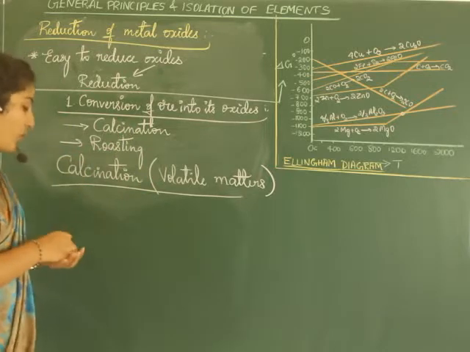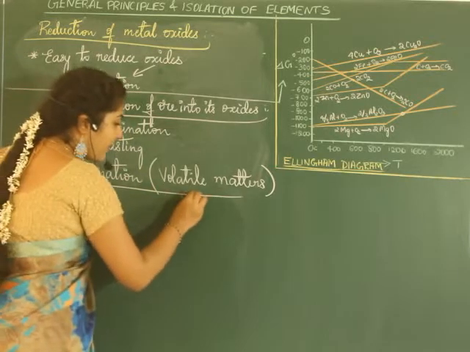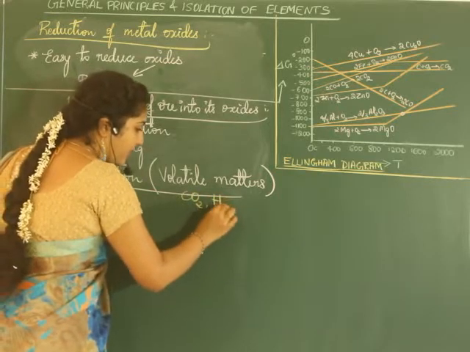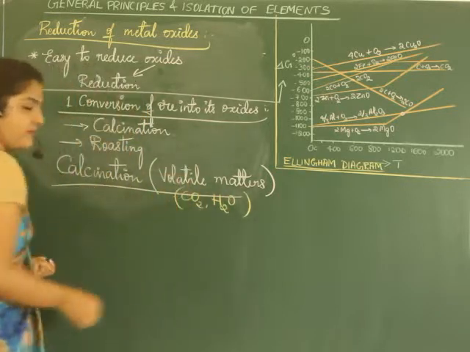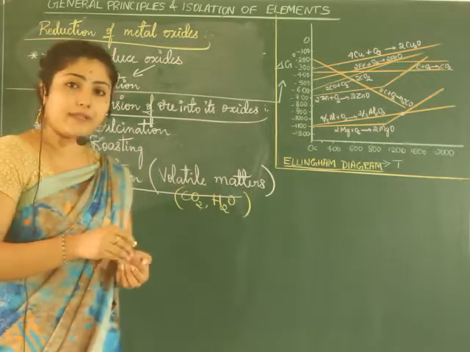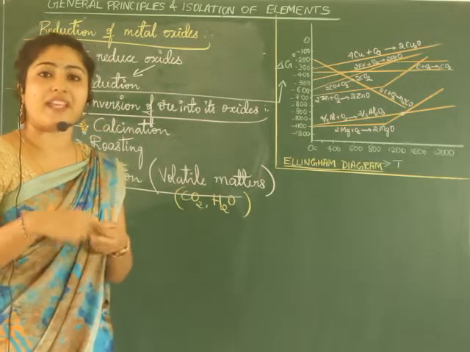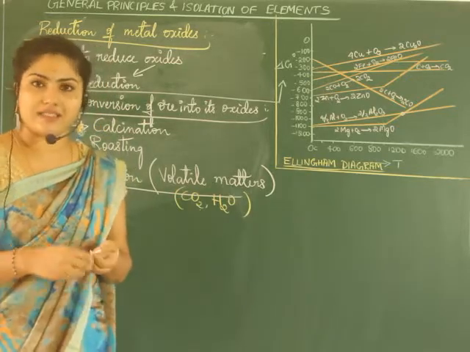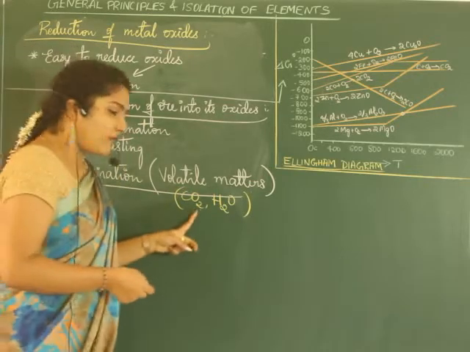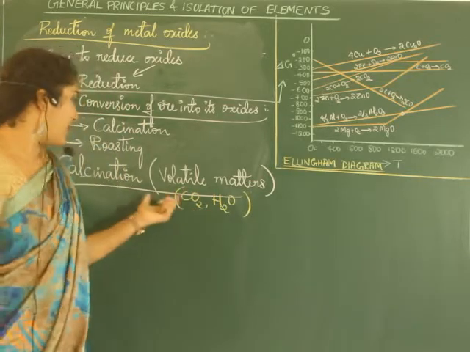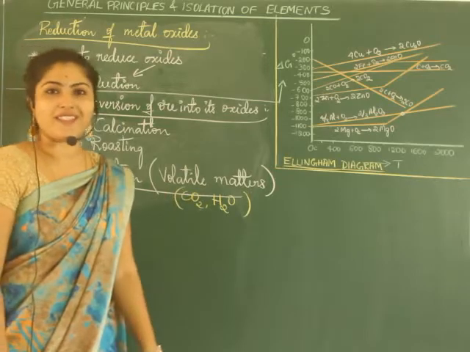Say for example, volatile matter, I mean to say carbon dioxide, water, these kind of impurities if it is present. Volatile means which can be evaporated, which is unstable. So such matters if it is present, we can separate using this particular method called calcination.